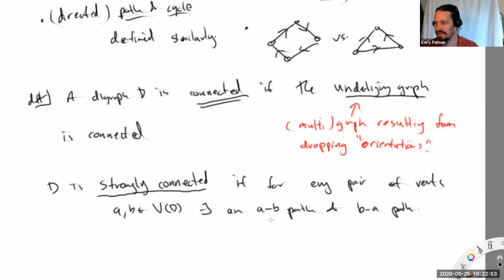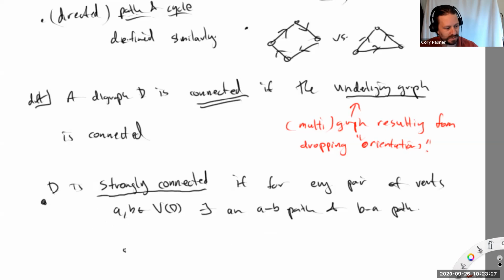That would imply the existence of both directions. And if you think about it that way, you'll notice that this definition is exactly the same as the original definition in a graph. In a graph, for every pair of vertices there's a way to get from one to the other. That implies the existence of the reverse immediately. If we defined connectivity in the original fashion, taking an ordered pair of vertices and requiring an AB path, it would be redundant, but that would capture this definition of connectivity in digraphs as well. So we wouldn't need a separate definition. But anyway, we have this separate definition.